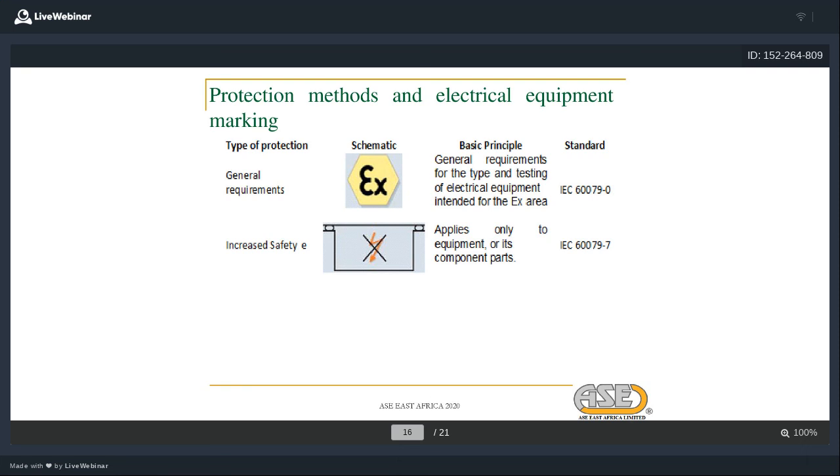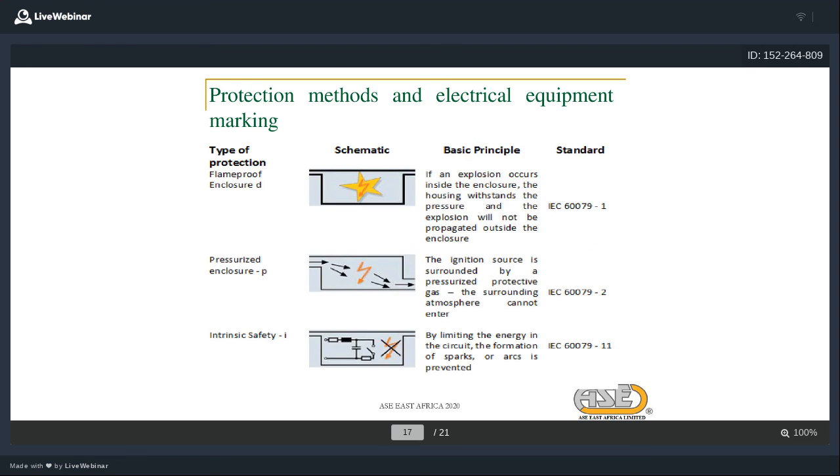This applies to the equipment or its component parts, so this is applied to devices which can prevent sparks and hot surfaces. If you read this standard, IEC 60079-7, then it will tell you the requirements for that type of protection.